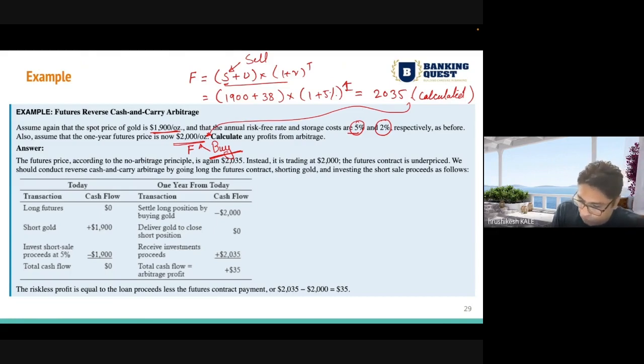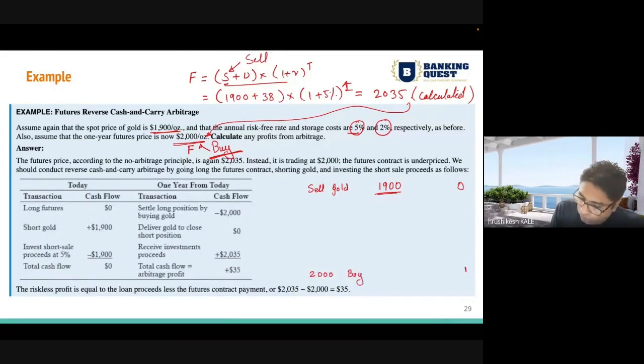So we sell gold today at 1900, and we buy the future at 2000.